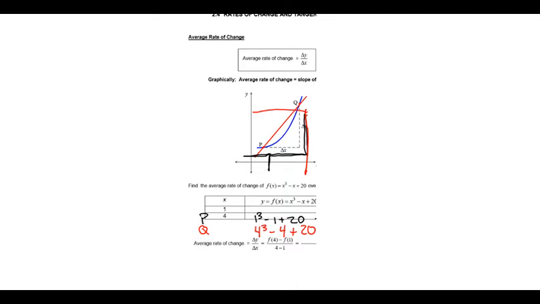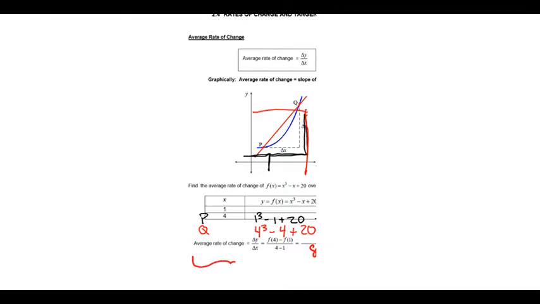So f of 4 is actually 80 minus f of 1, which is 20, all over 4 minus 1, which is 3. 80 minus 20 is 60 over 3. So our average rate of change is 20.